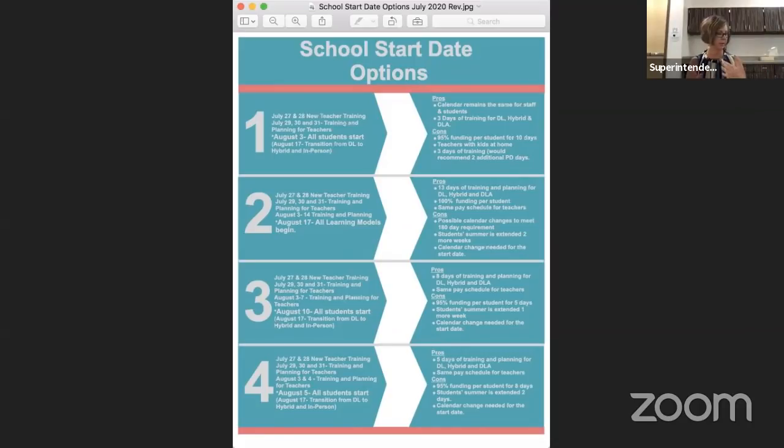You asked for some of the cost with each of those, and we figured out the cost for the 95% funding on each of those. So of course, the number 2 option, there's no cost, because that's always with the caveat that if we opened up for that in person. Option 1 would be about a $99,000 cost.